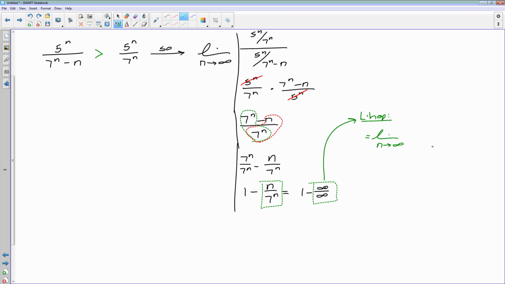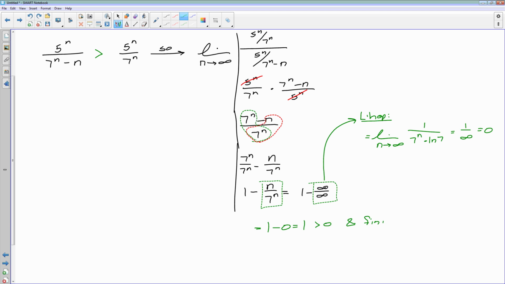The derivative of n is 1. The derivative of 7 to the n, I bet you forgot that one, is 7 to the n times the natural log of 7. And if I plug in infinity now, I get 1 over infinity, which is 0. So this limit ultimately turns into 1 minus 0, which is 1, which is a positive finite number.